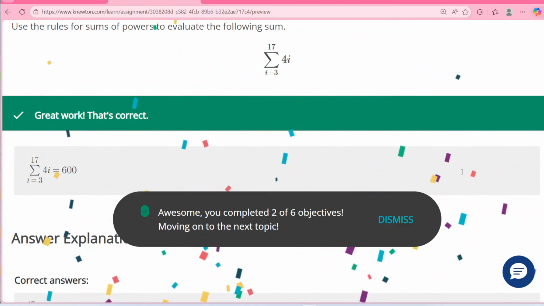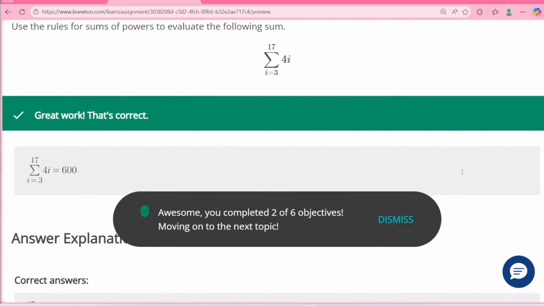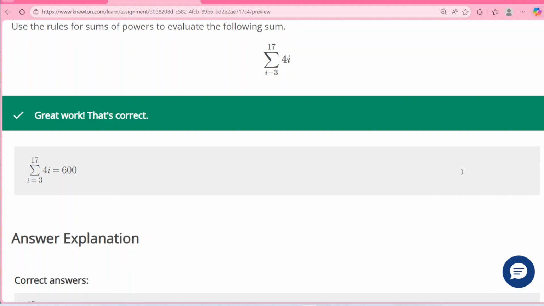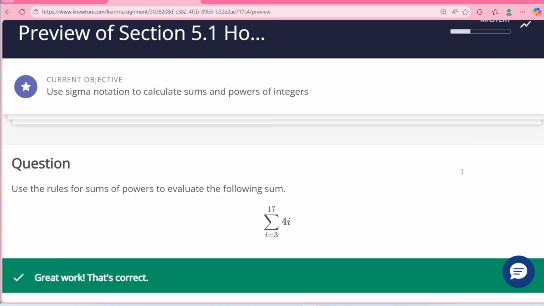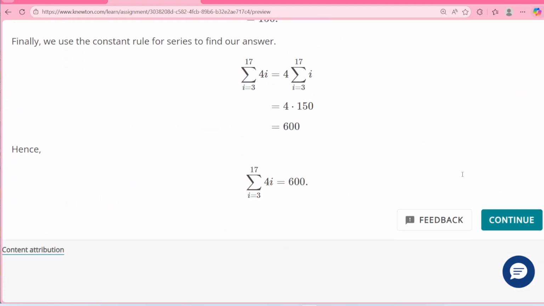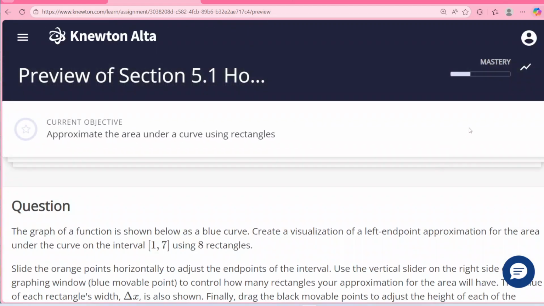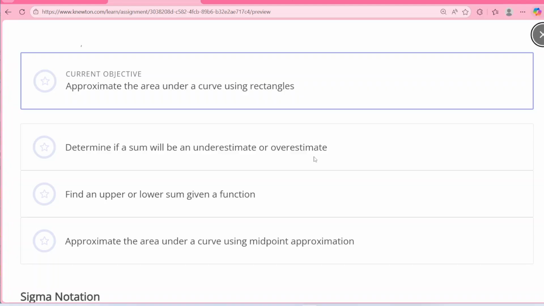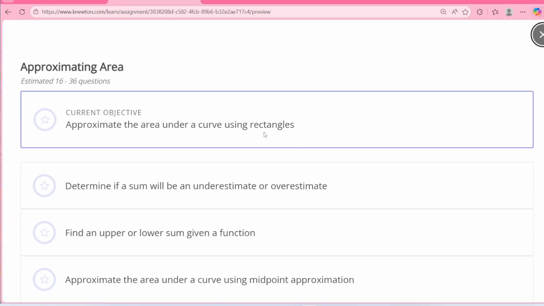All right. Okay, so those properties of summation notation and sums of powers and whatnot, those objectives are done. So now we're going to move into the title of the assignment, approximating areas. All right, so now these 4 objectives under this heading.